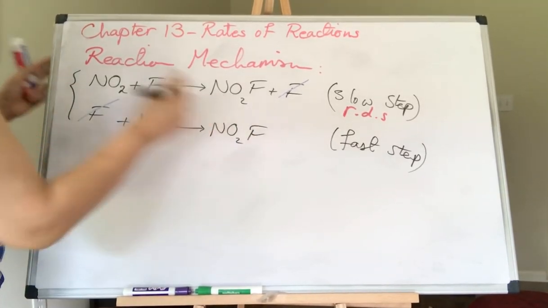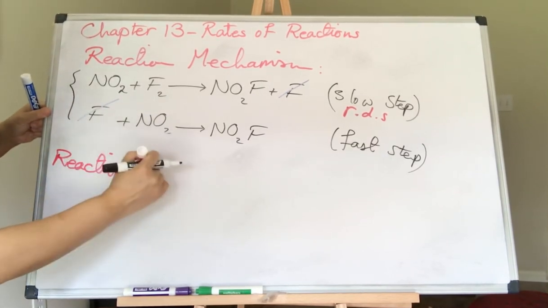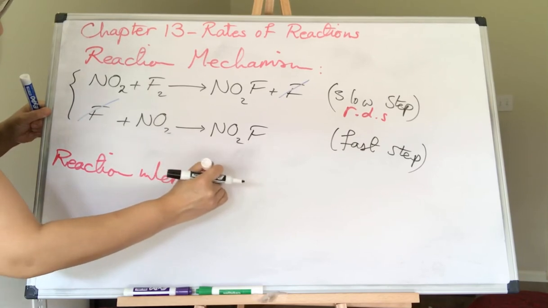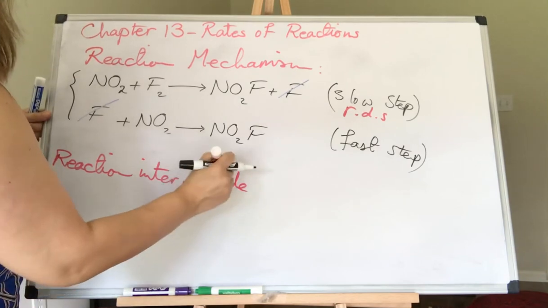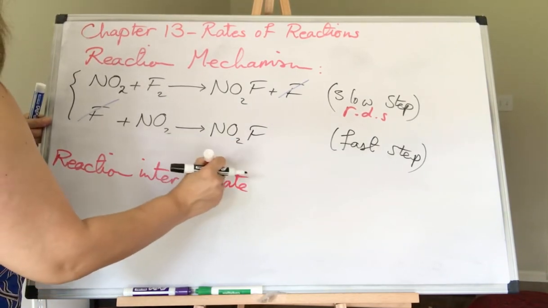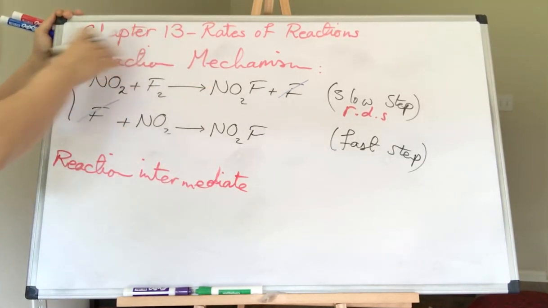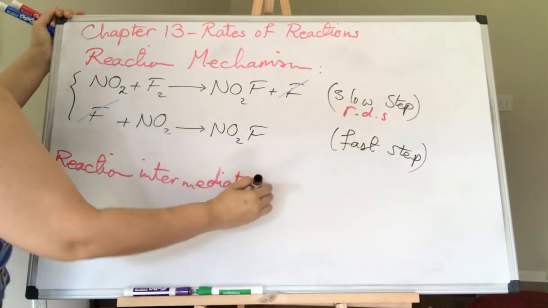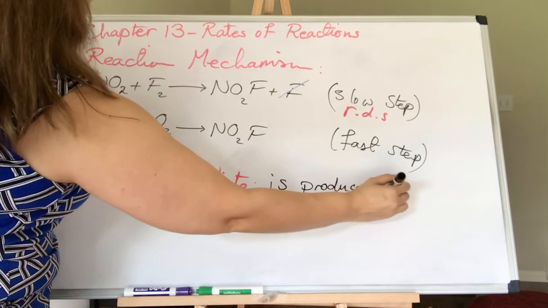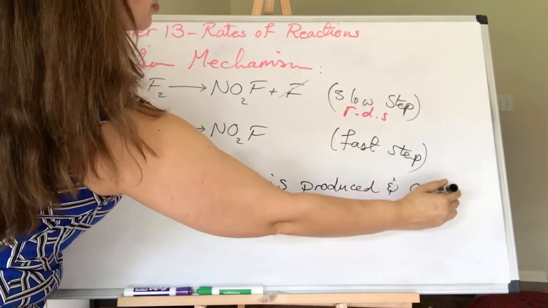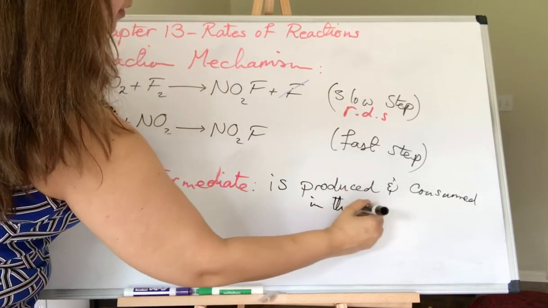Reaction intermediate is the species, on all of the steps, that is produced and consumed in the next steps.